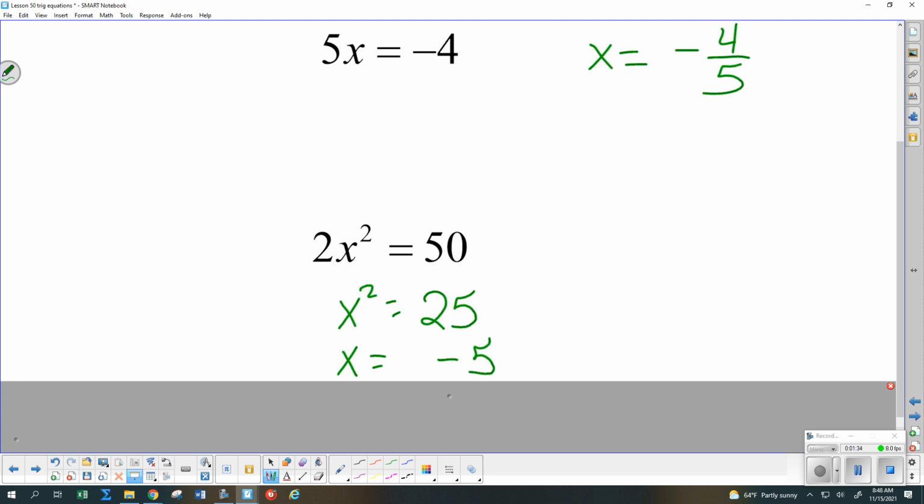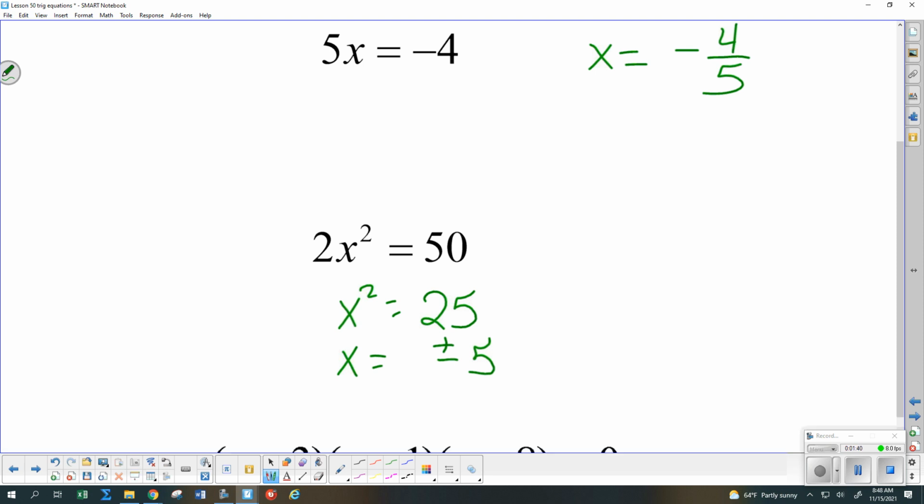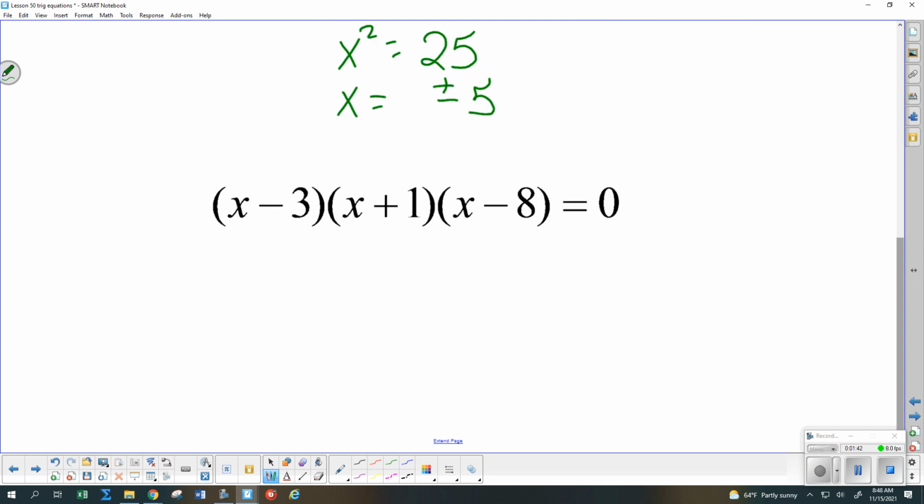So in this case, we'd have to say the two answers, positive and -5. Can I have more than two answers? Sure. What if I had one like this? How many answers here? Everybody hold up fingers. So that one would have three answers, and our job would be to list all of them, which would be 3, -1, and 8. So it means write down every single possible value for the variable that makes the equation true.